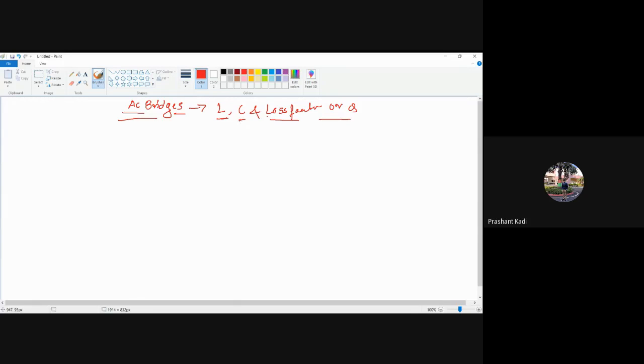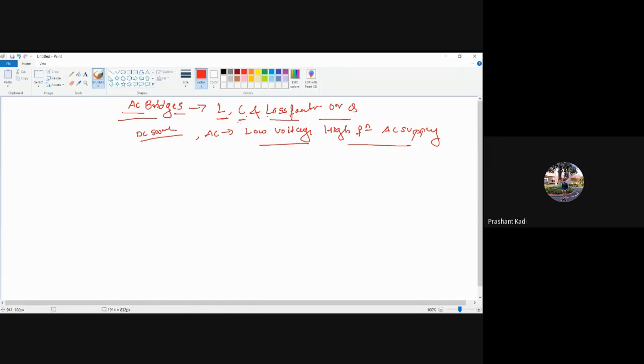In case of DC bridges, we are providing DC source to the bridge network. In case of AC bridges, we need to provide low voltage. Remember, low voltage, high frequency AC supply is needed to find the inductance and the capacitance.